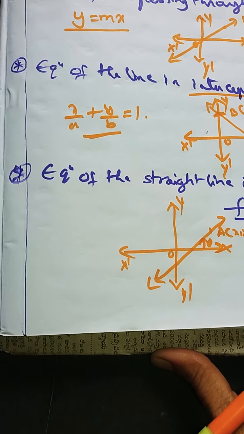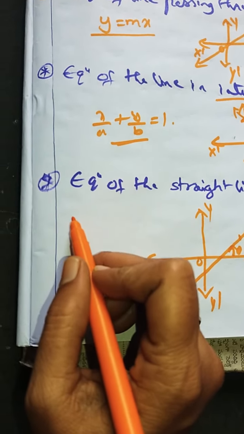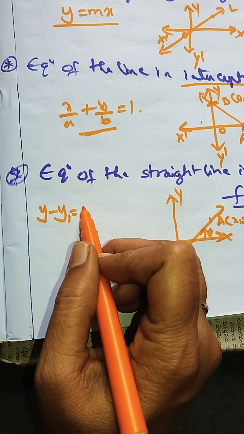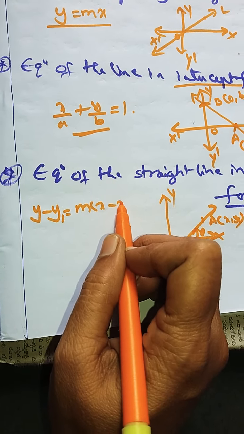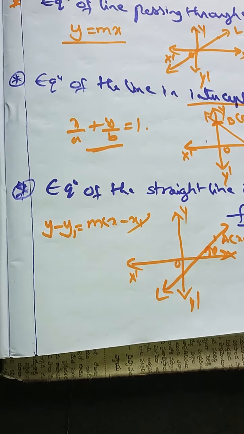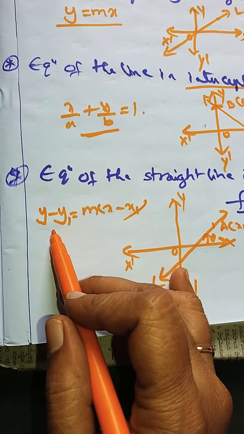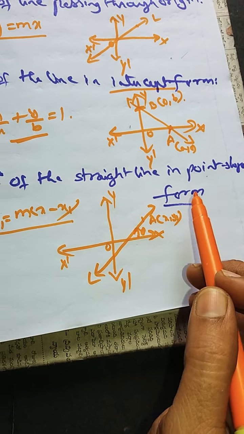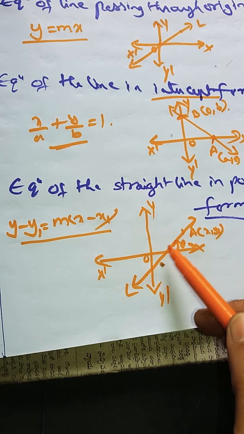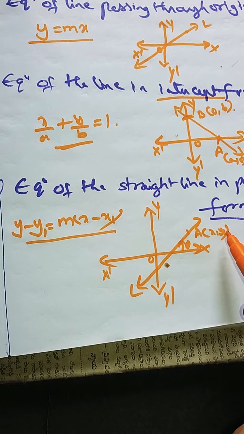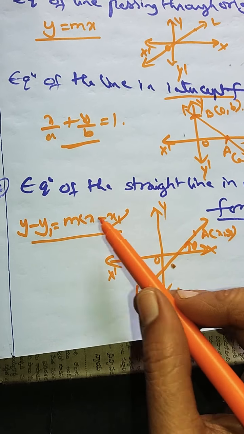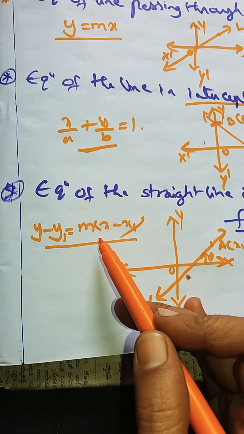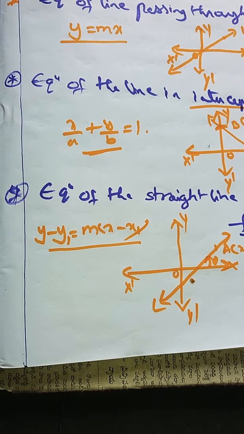Now the equation of the line in point slope form is y minus y1 equals m into x minus x1. So this is the fourth form of the line. This line passes through the point (x1, y1) whose slope is m, and is in the form y minus y1 equals m into x minus x1.